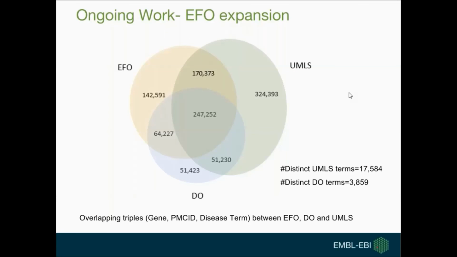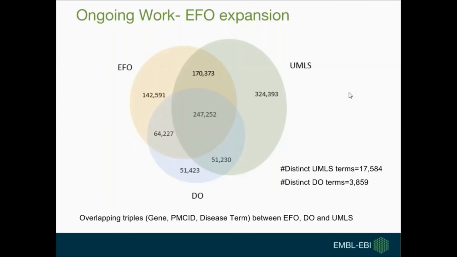Currently, we are working on expanding EFO. For this purpose, we use experimental factor ontology, UMLS, which stands for Unified Medical Language System, and disease ontology to annotate literature.